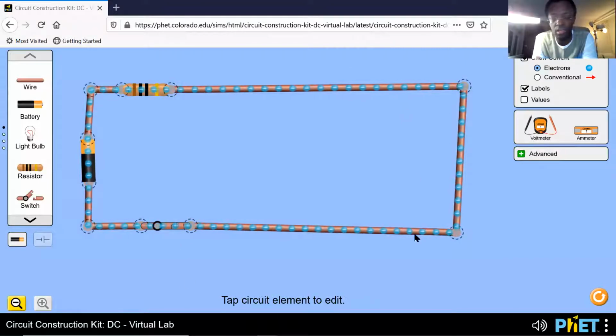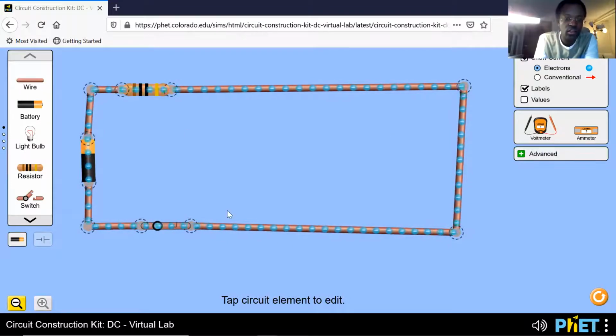Because in this ideal situation, the resistance of the wires is zero, and in reality, it's not zero. Okay. So if the resistance is zero, then the current is an infinite amount of current. At the same time, I'm reading your messages.